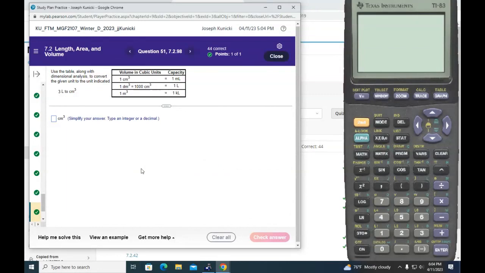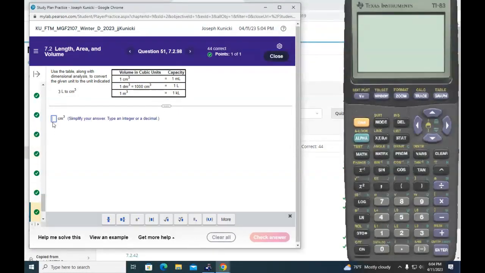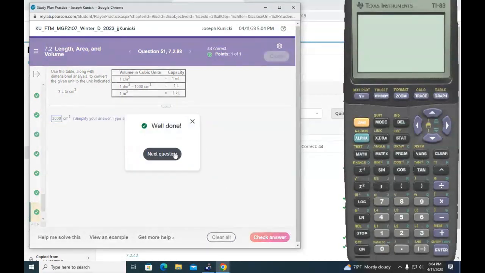So 1,000 centimeters cubed per 1 liter, which cancels the liters, and that's it. So 3,000. But there was more to it than that. That was it.